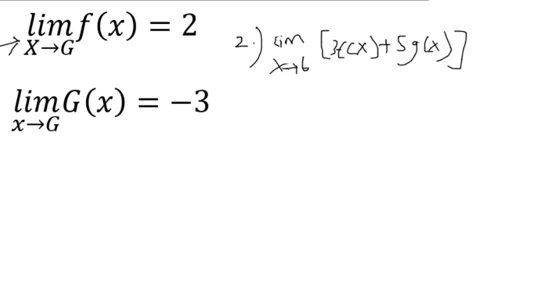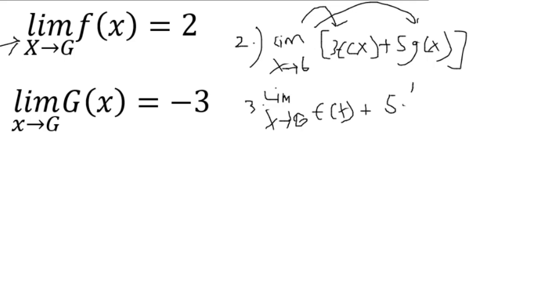What we're going to do here is just distribute the limit and then use the constant multiple rule. As you can see, I just distributed it and then used the constant multiple rule.